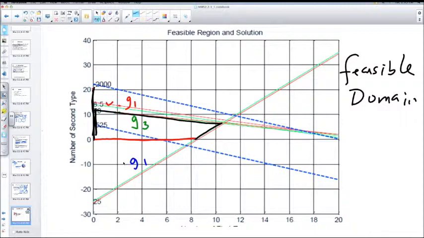And you have 4 extreme points, A, B, C, and D. I want you to pay attention. The G1 is outside of the feasible domain. So basically, that's an inactive constraint.